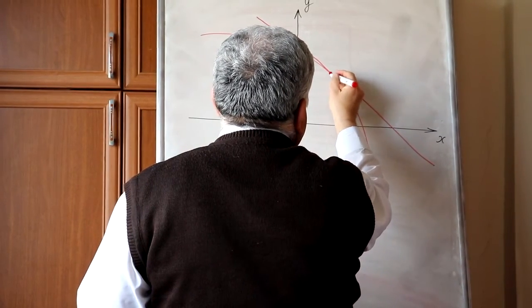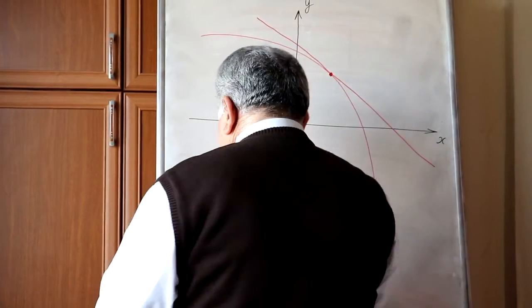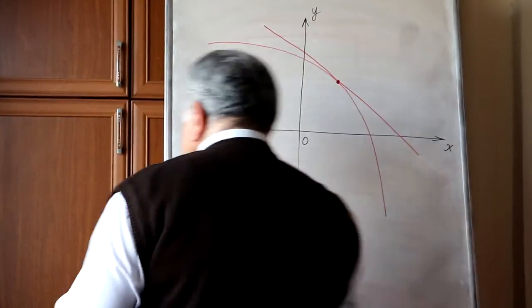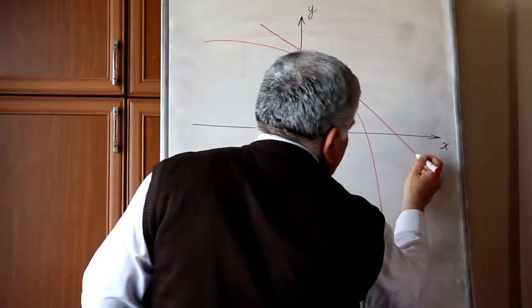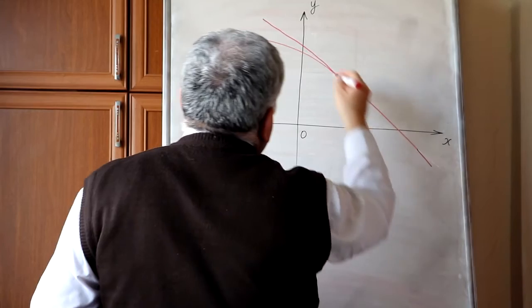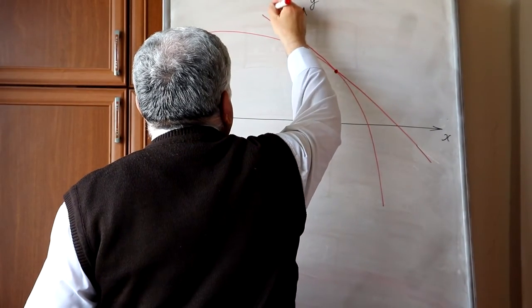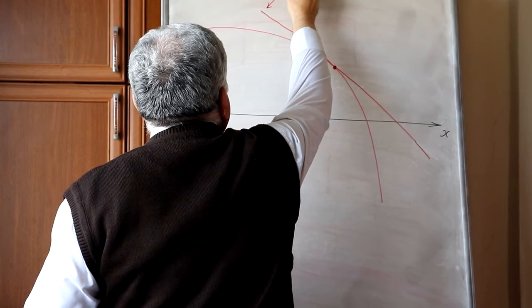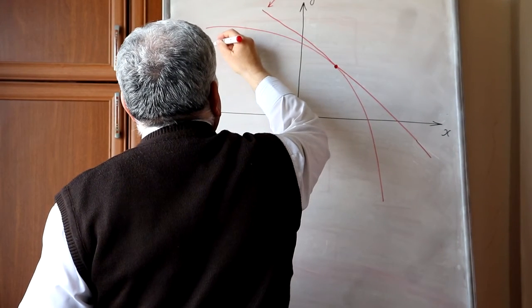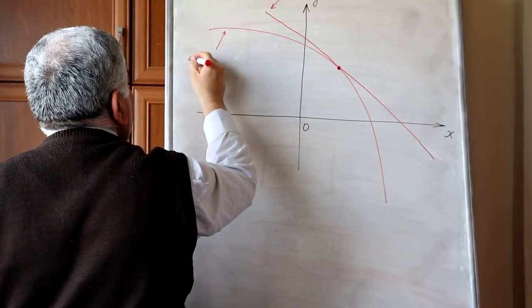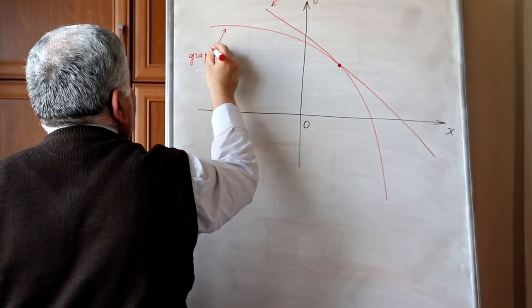Tangent is a straight line. Graph of function.